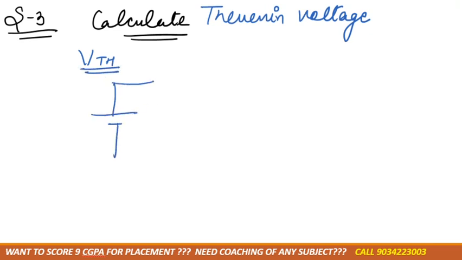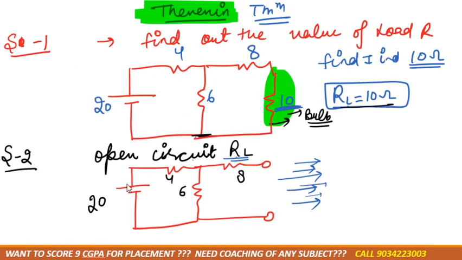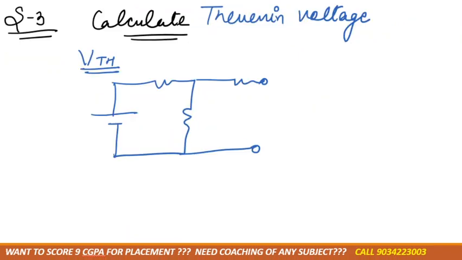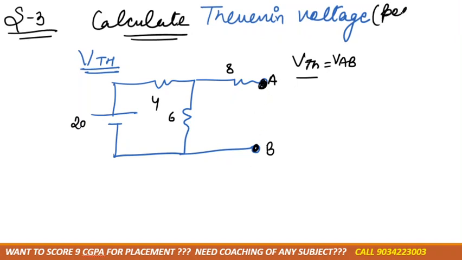Again, draw the same circuit, the circuit 24, 6, 8, 20. This one is A, one is B. Now we need to calculate VTH is equal to VAB. From wherever you removed RL, calculate the potential across that point. Voltage is the potential.